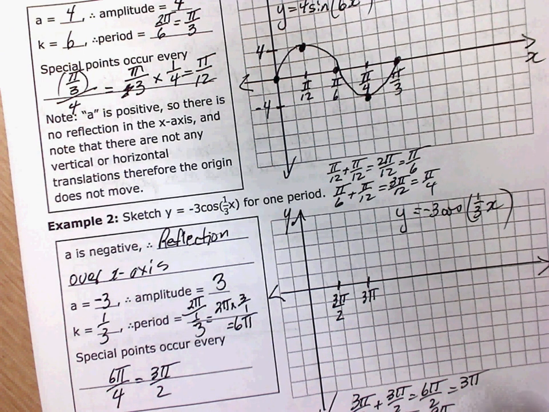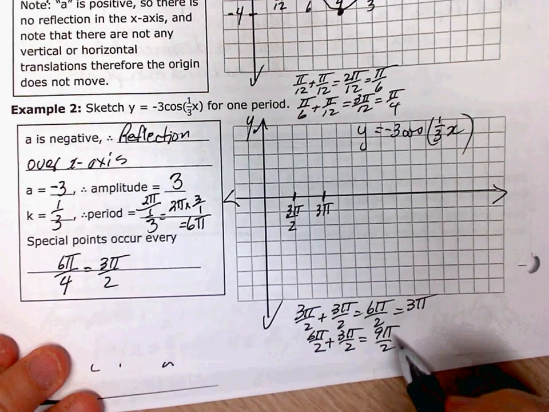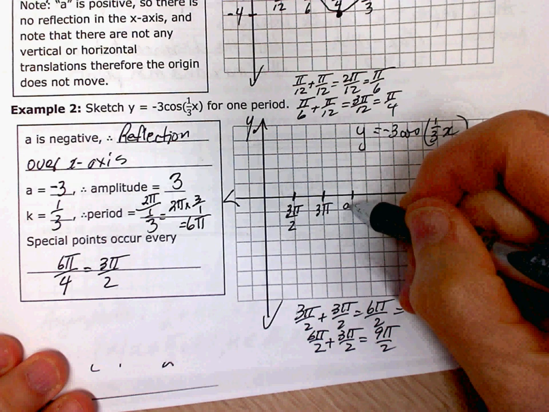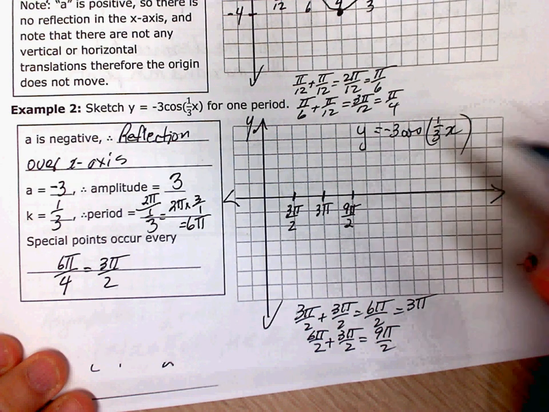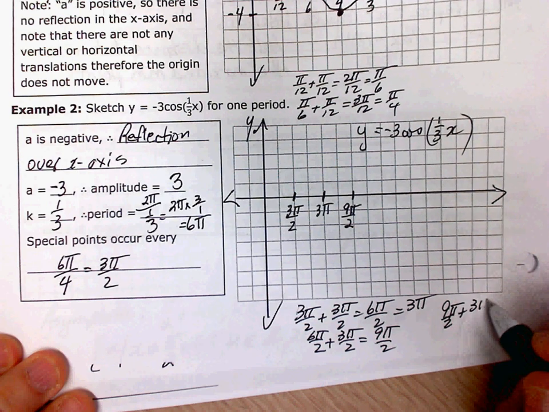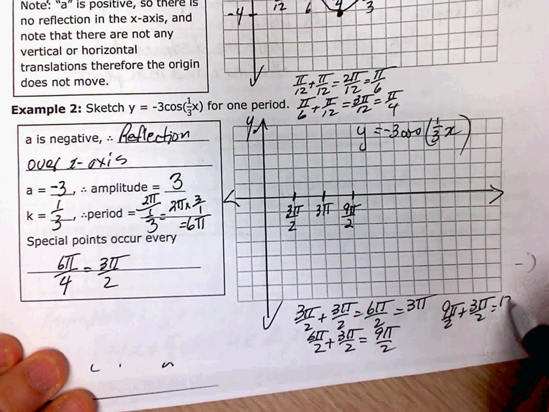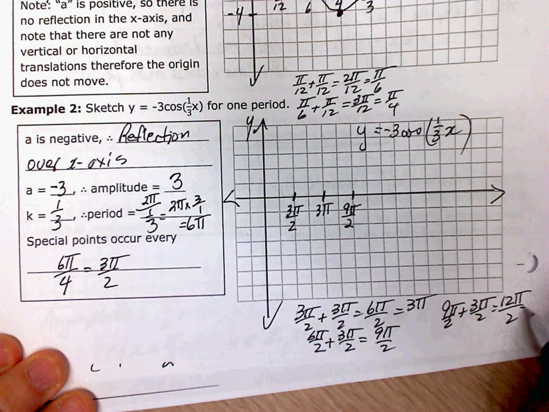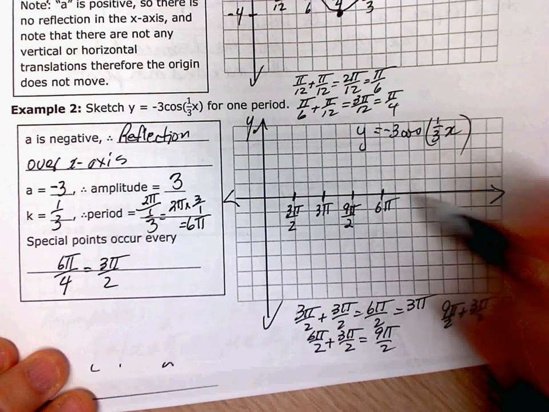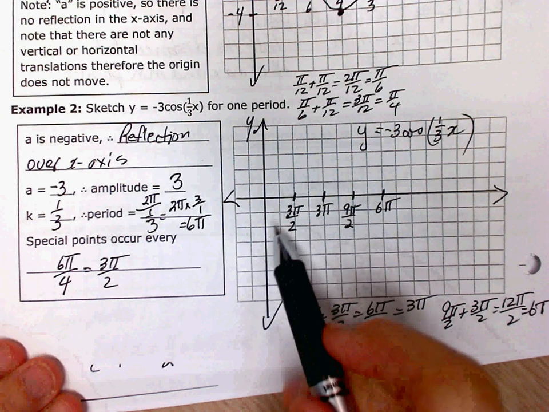So the next special point is going to be 9 pi by 2. So 9 pi by 2 plus 3 pi by 2 equals 12 pi by 2 equals 6 pi. Right? So that's our period. We have a complete cycle within 6 pi.